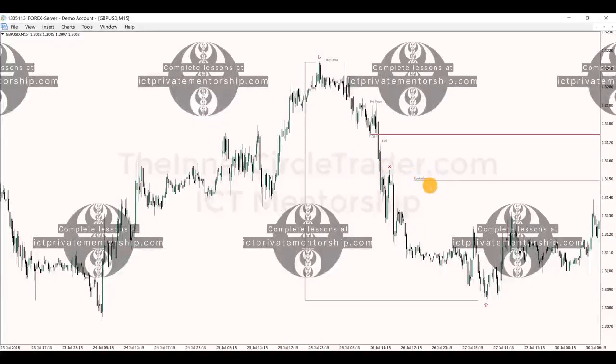Now, obviously, you know the protocol then. What we're looking for above the equilibrium price point in the range is all of the premium PD arrays. Okay, the ones I had in mind are shown here. Above the equilibrium price point, we have a liquidity pool here, right above this short-term high.